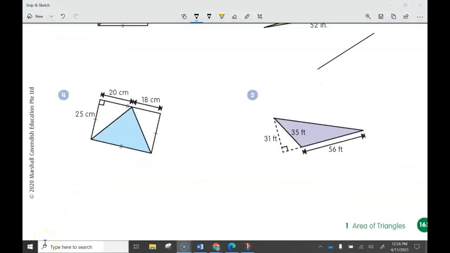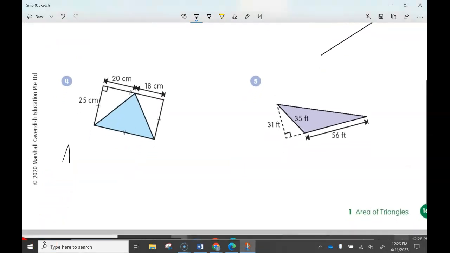All right, let's look at number 4 together. So we're going to have area equals 1/2 times the base. Now the base, you can see, it's going to be 20 and 18 together. That's going to give us 38. Even though it's the top part, we can see the bottom of the triangle would equal that. 38 times 25, which would be the height, you can see.